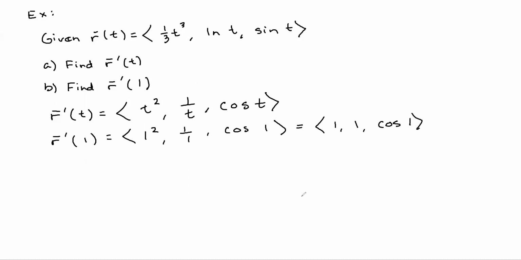Plug that into a calculator, and you can figure that out. All right, so that's the first example. Very simple to find the derivative of a vector function. Just take the derivative of the components, and if you need to find the derivative vector function at a t value, just plug that t value in.